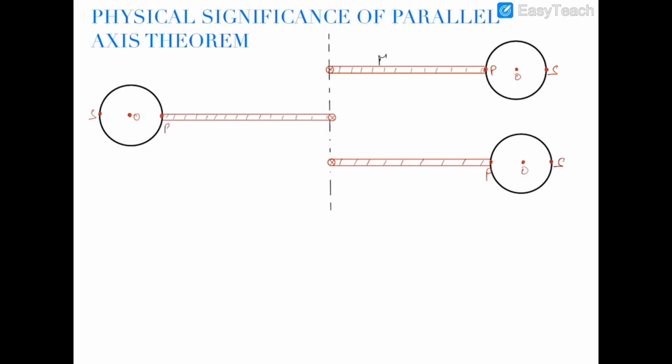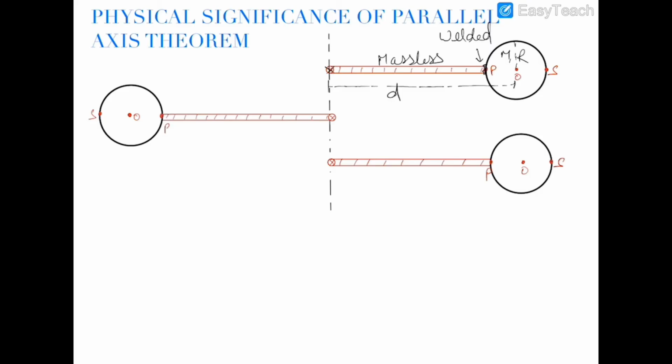I'm writing it as massless. And there is a ring which has some mass m and radius r. Now this ring is welded at this point. This is welded, and the distance between the center of the ring and this hinge point is d.